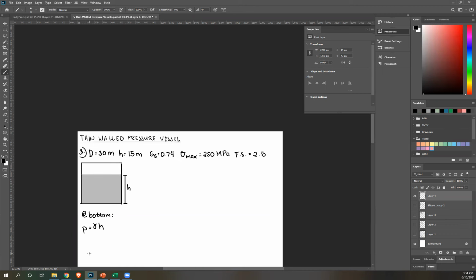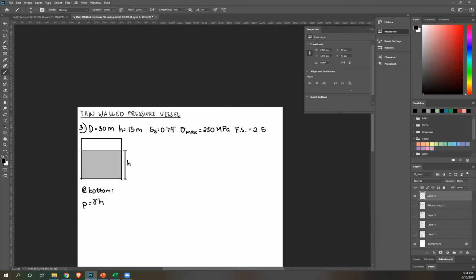And after getting the equation for P, the problem is, how do I get the unit weight of gasoline? It's not given, right? We're not allowed to search the internet. But you're given specific gravity. So specific gravity actually equals unit weight of your material over unit weight of water.